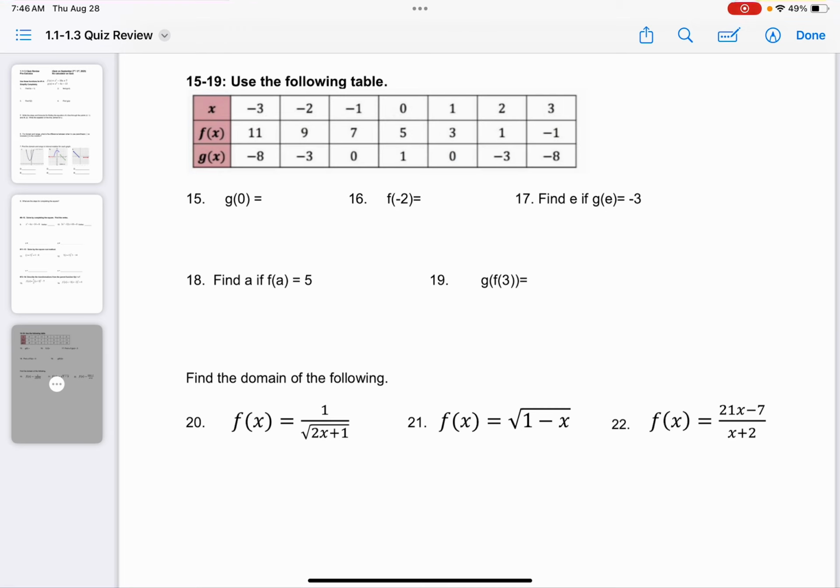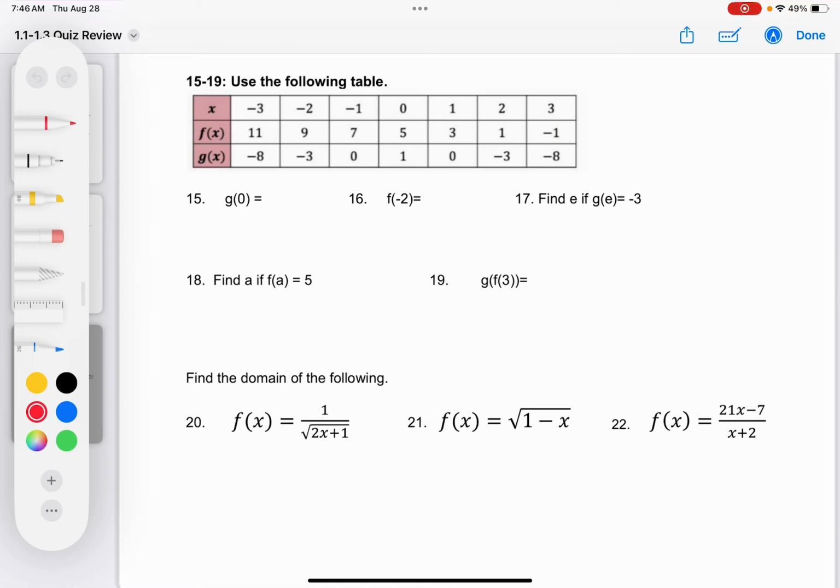So to start with, we added in this skill of chart reading, okay? And so you have to identify what's in the table. We've got a list of inputs, and then we've got function f, and we've got function g. What it's saying is when I put this number into this function, this is what I get out.